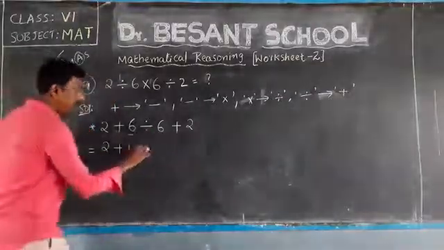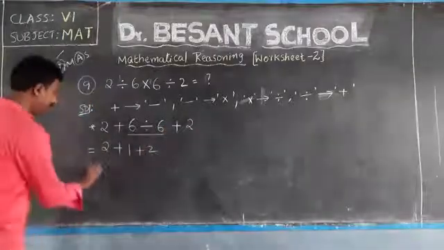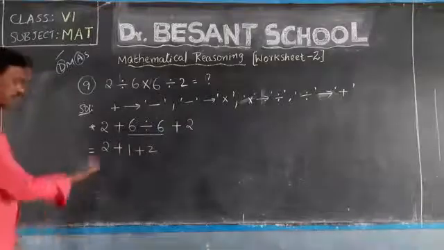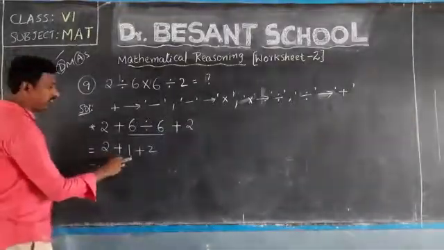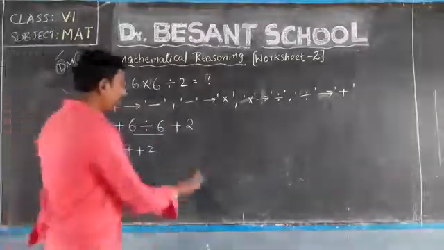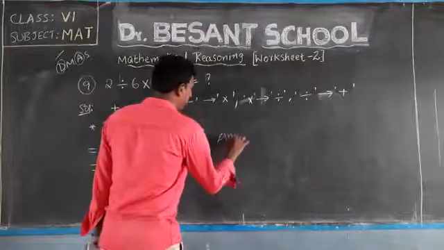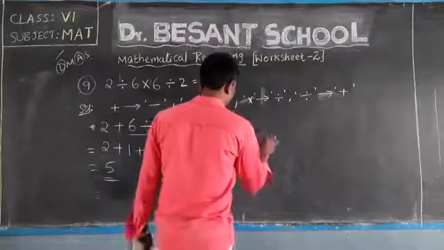Yes, 1. 1 plus 2. Here you have to do addition, no other operation is provided. 2 plus 1, 3. 3 plus 2, 5. So that is your answer. We check out your options. 5 is your option C.